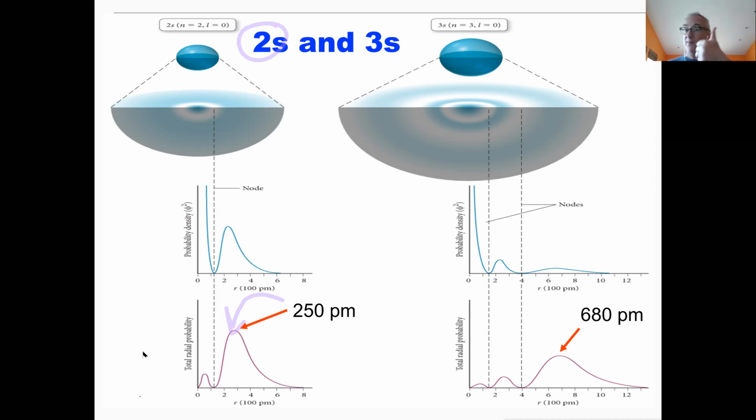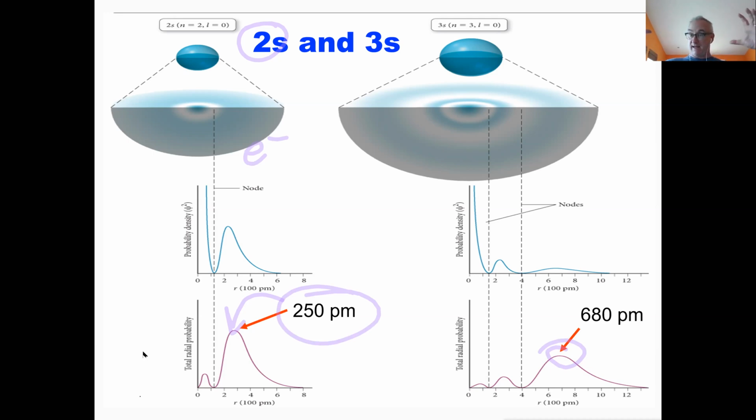So the highest probability of finding this electron in the second level was at 250 picometers, just where Bohr said it would be. What about the third level? Well, an even bigger sphere this time. Now the highest probability is 680 picometers away, just where Bohr said it would be.